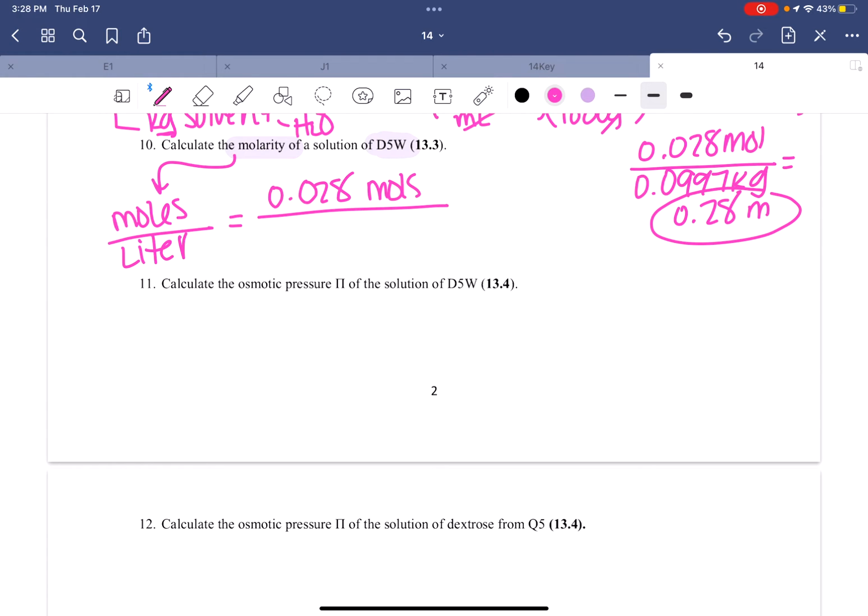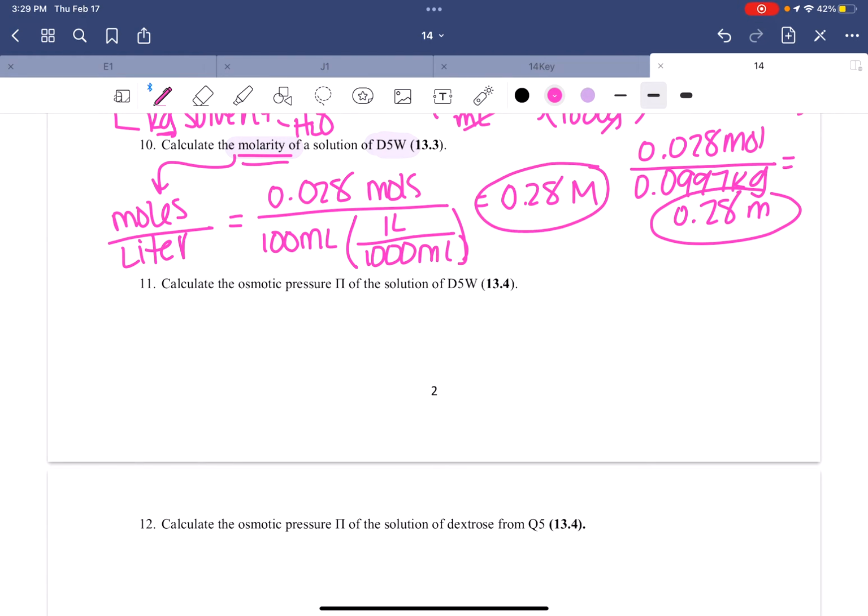Then we don't have to go through the whole process of using the density of water because it's already in units of volume. We just have to convert milliliters to liters, and we're going to use the relationship 1 liter is equal to 1,000 milliliters. If you plug all of this into your calculator, you actually get 0.28. And this is molarity, remember, from question 10, so we write that as a capital M. We actually find that the molality and the molarity of the D5W solution are identical when we're finished with all of the rounding.